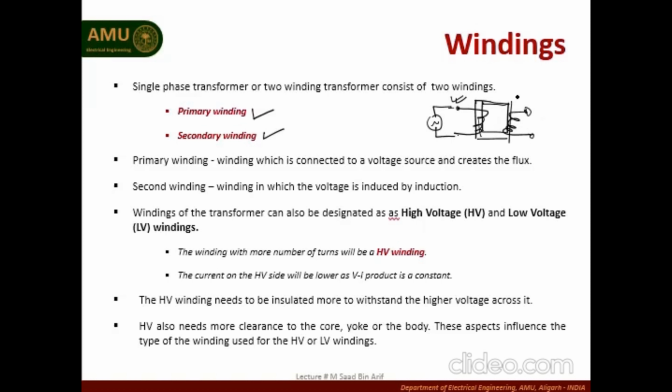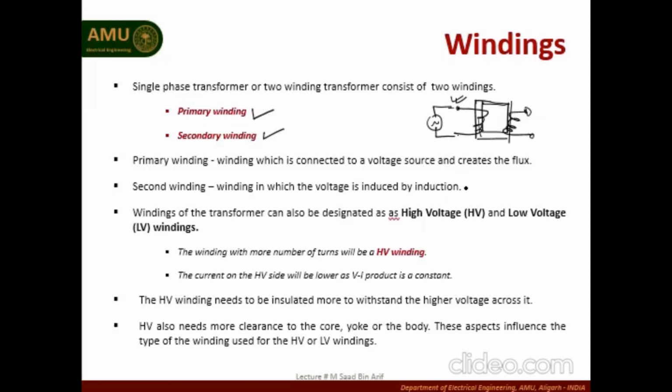So now it is very clear to all of you that a primary winding is a winding which is connected to the voltage source, and is responsible for the creation or generation of the flux, whereas the secondary winding is a winding where the voltage is induced. If the secondary winding voltage is less than that of the primary winding, then we call this type of transformer a step down transformer.